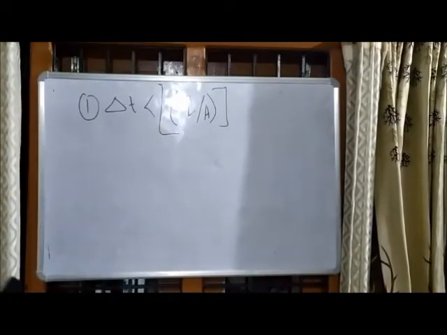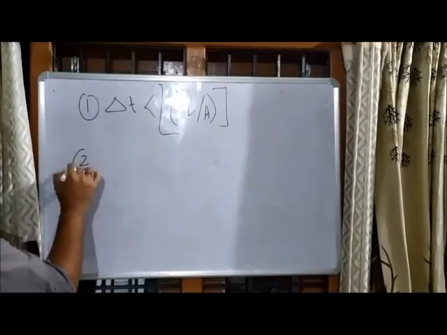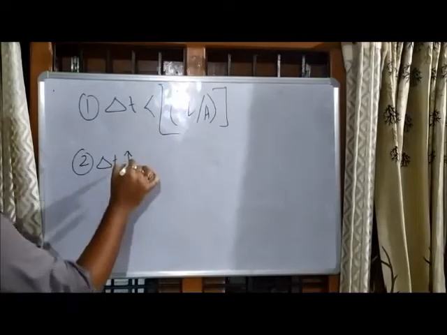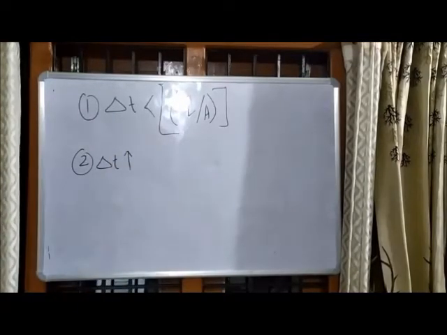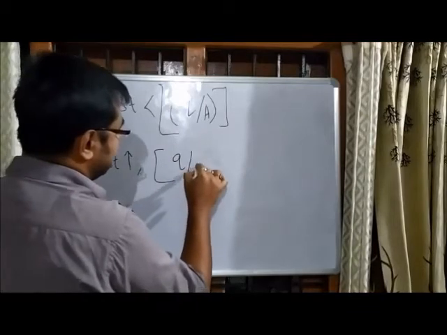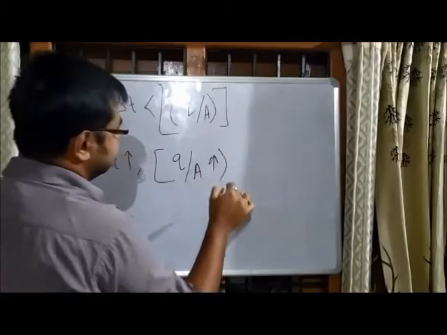Clear? Number two: if delta T is increased, the rate of heat transfer will also increase. So here Q by A will keep on increasing.